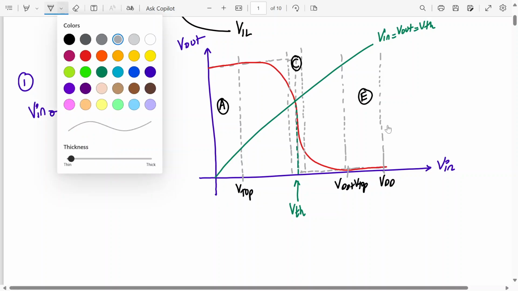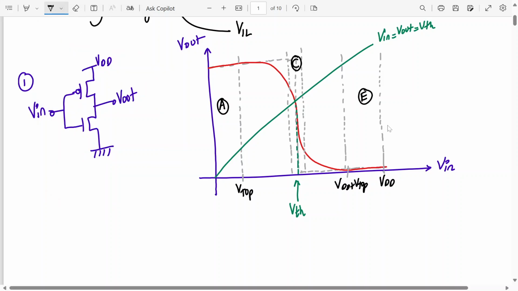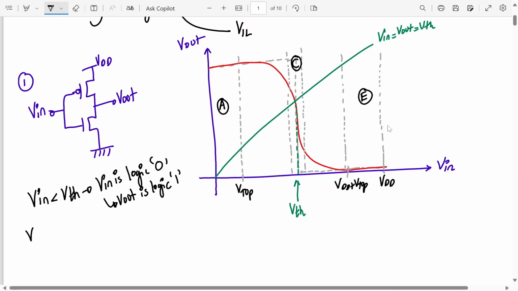Okay. So for the ideal VTC curve, what can we write? If Vin is less than VTH, my input is logic 0. And what is my output? My output is logic 1.